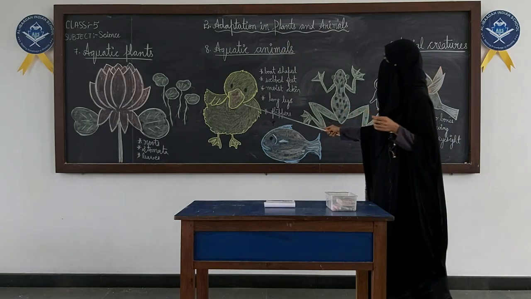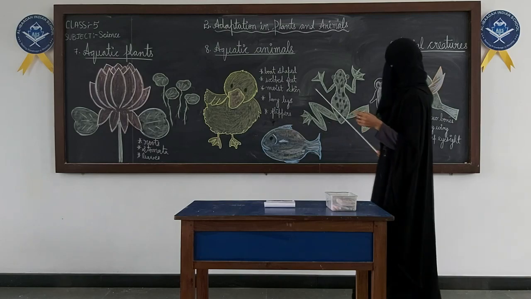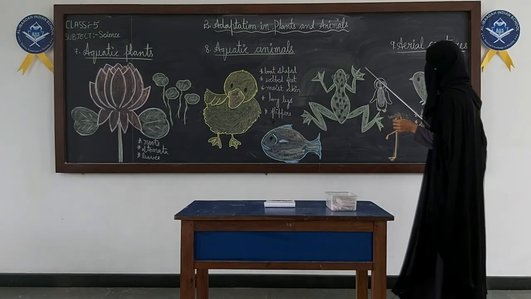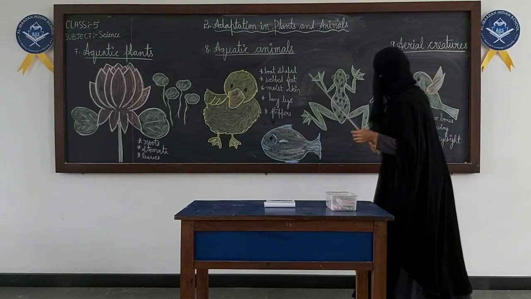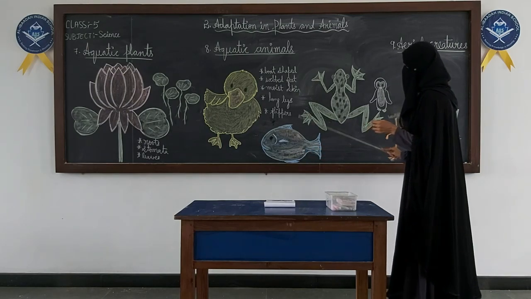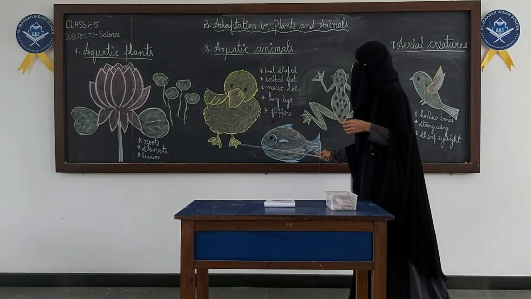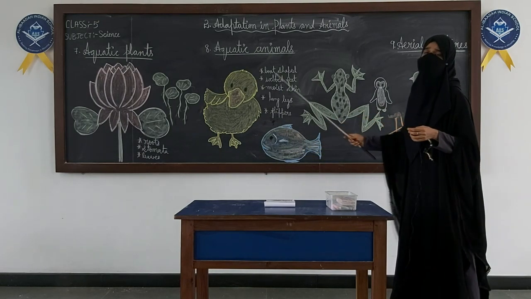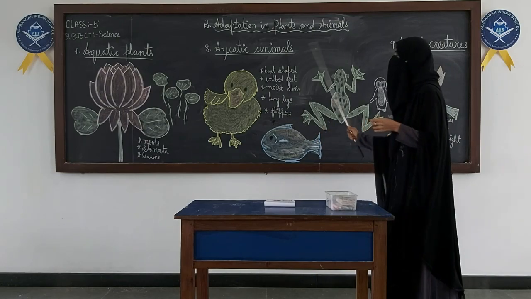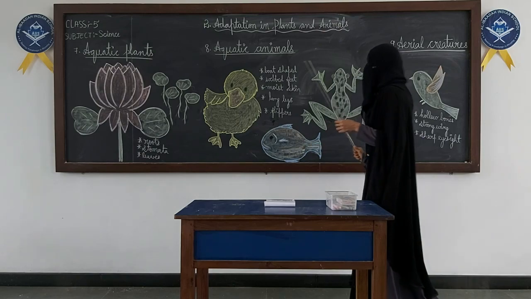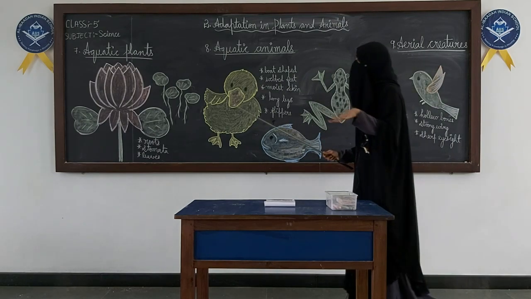And animals like duck and frog have webbed feet. Here in the diagram you can see the webbed feet. This helps them to swim in water, because duck and frog can live both on land as well as in water.